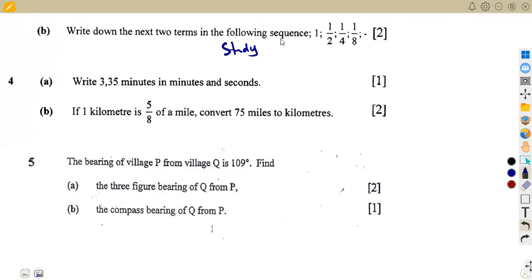How are they given? As you can see, it's just 1 mark for each answer that you get. So you just have to study. We do not have special formulas that you can work with. So what was the idea there? What do you think was happening from 1 to a half, from a half to 1/4 to 1/8?